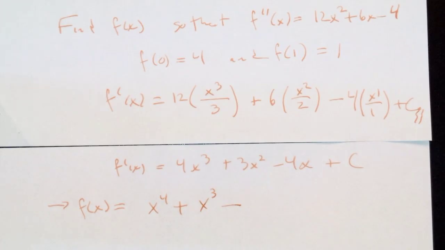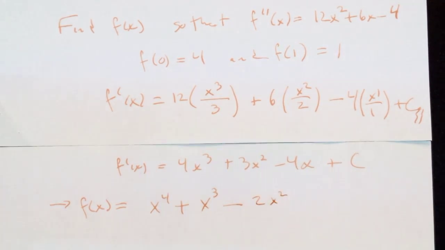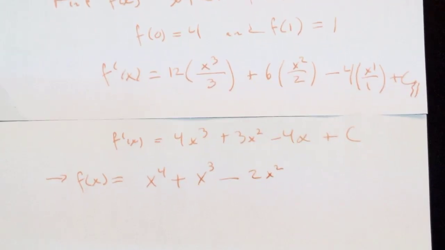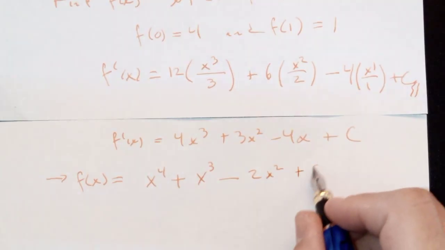When I do the antiderivative of x, I get x squared over 2. There's a 4 out front. 4 over 2 is 2. C is a number. Just like the 4, that's got an x to the 0 on it, so it's going to get an x to the 1.